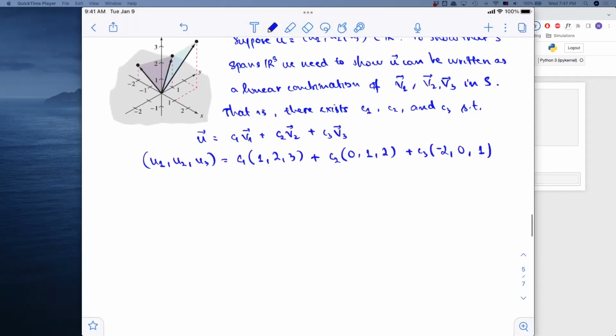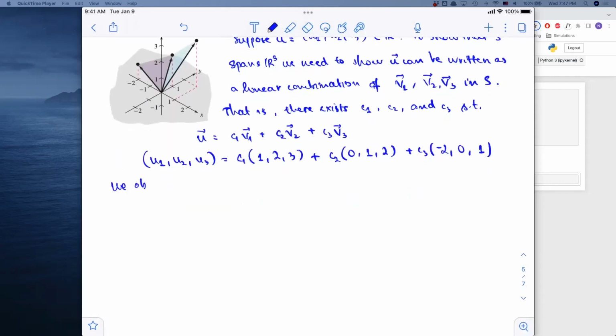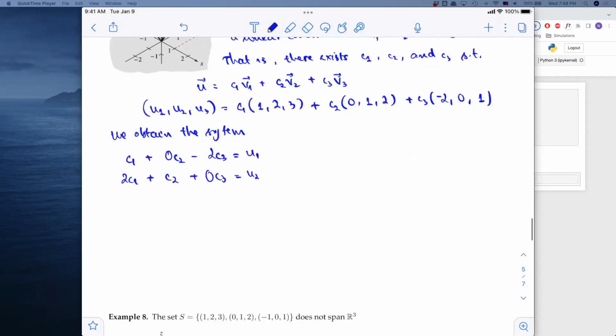All right, so we obtain the following system: C1 plus 0 C2 minus 2 C3 equal to U1. 2 C1 plus C2 plus 0 C3 is equal to U2. And 3 C1 plus 2 C2 plus C3 is equal to U3.